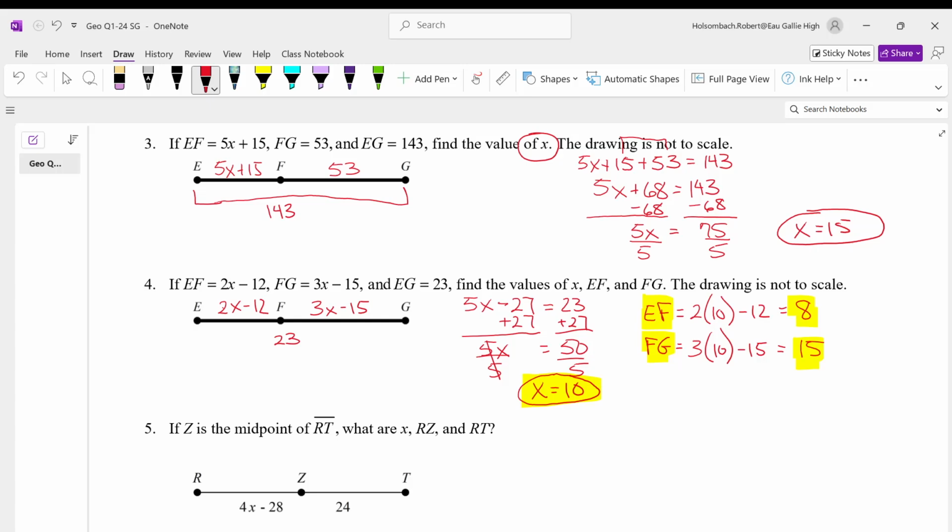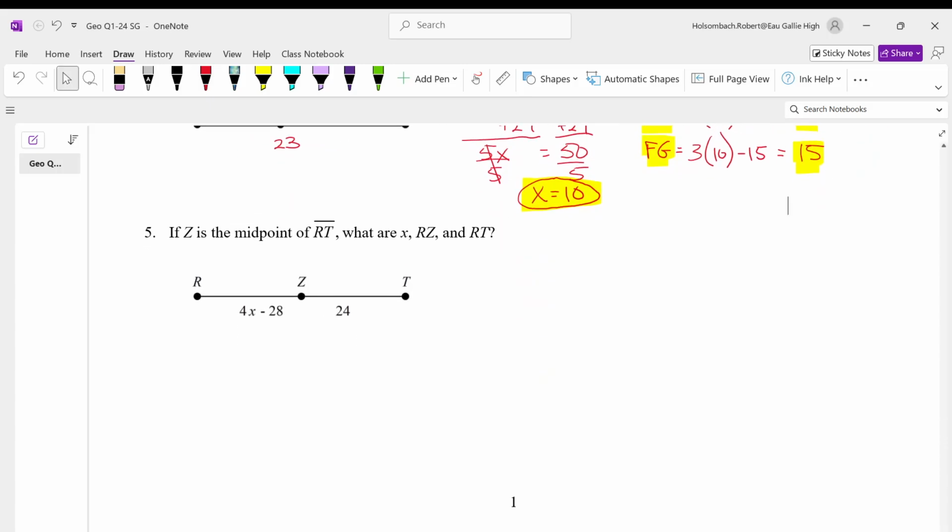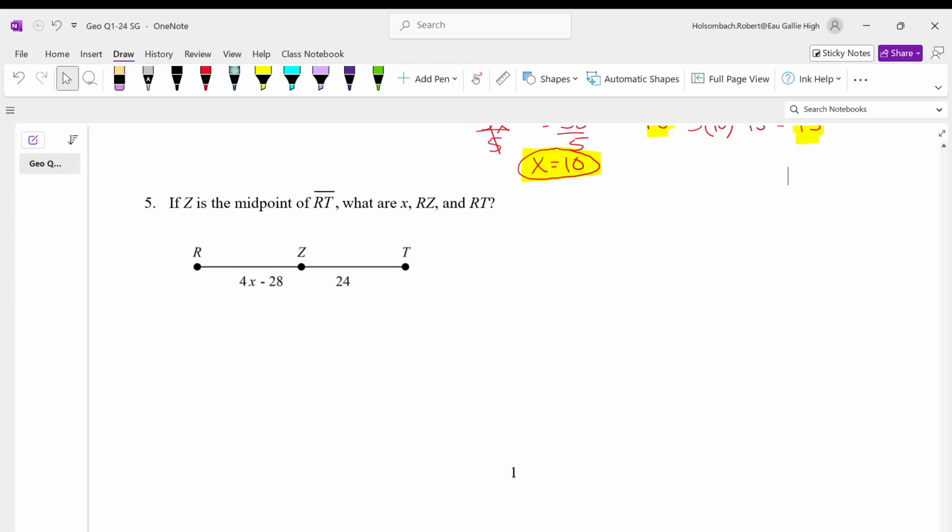All right, problem number 5. If Z is the midpoint, midpoint is the middle.